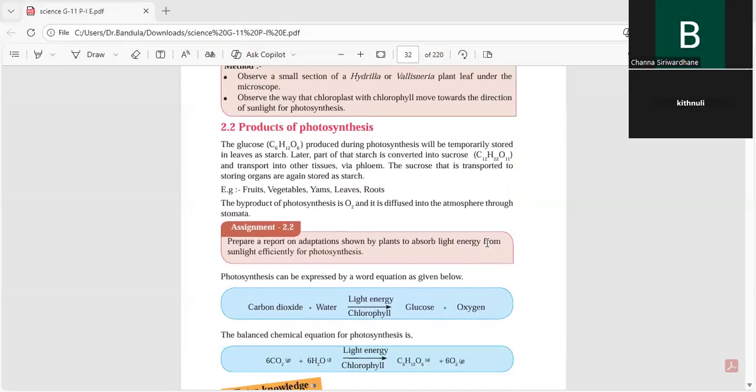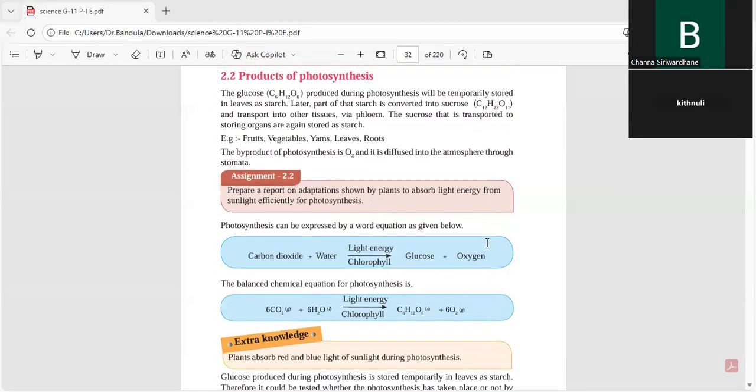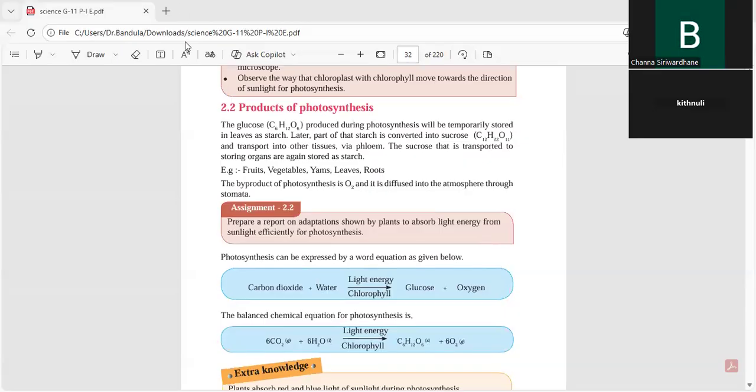Products of photosynthesis. Like you know already. Right? Write down a question.